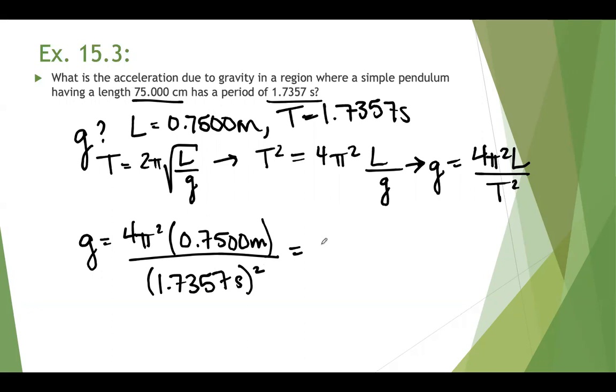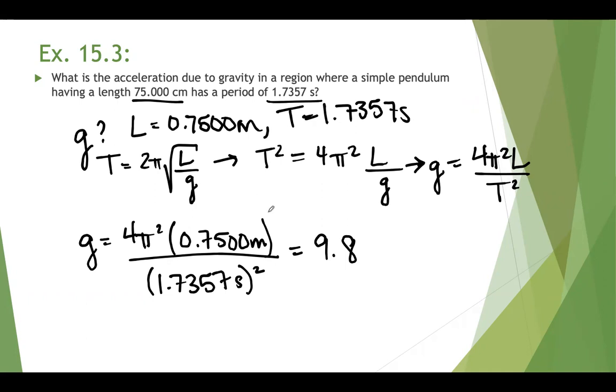So we've got 4 pi squared times 0.75, and then we divide that by 1.7357 squared. So g, the acceleration due to gravity, we get 9.8, and how many digits do we have?